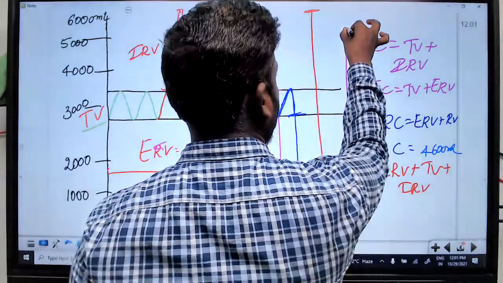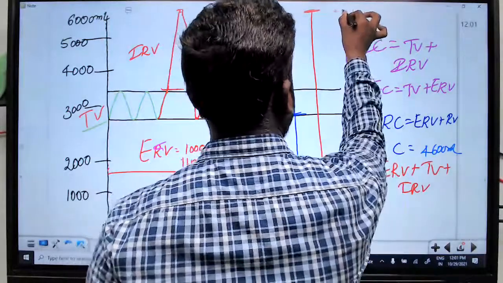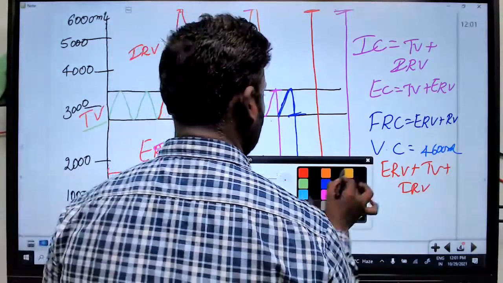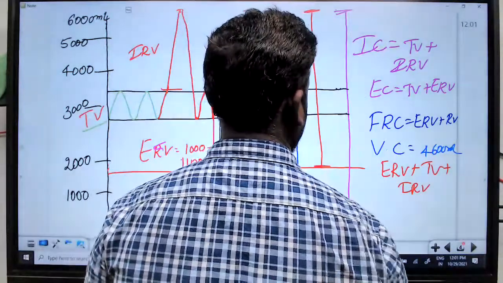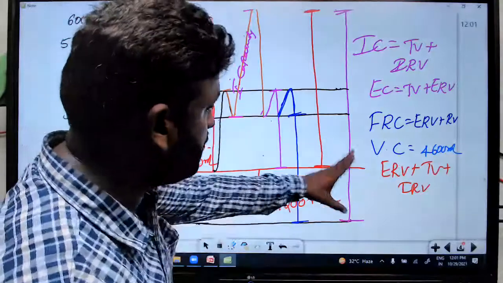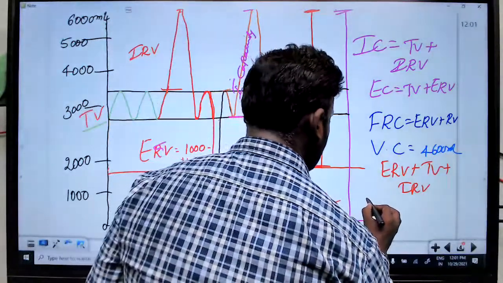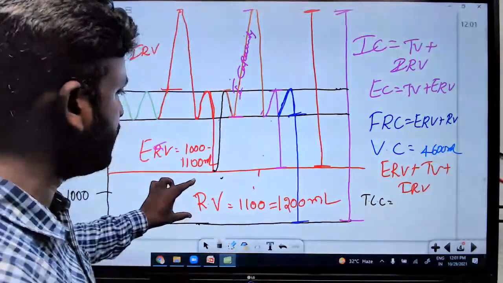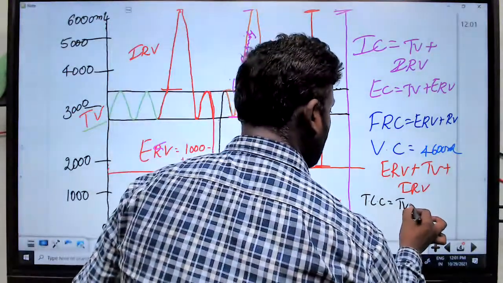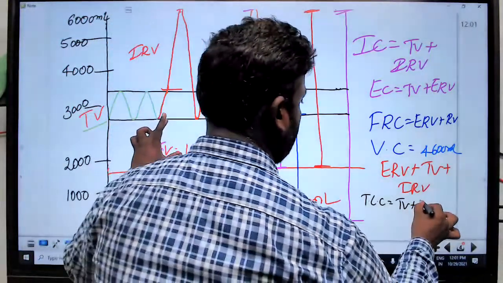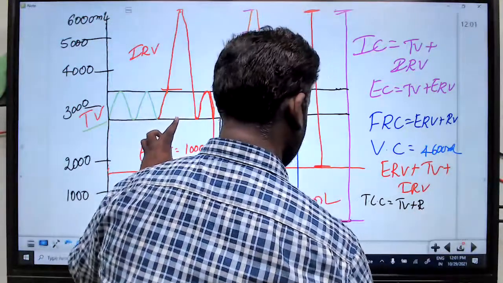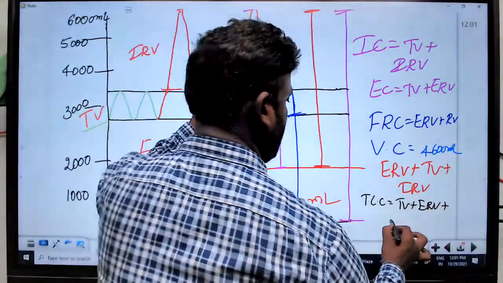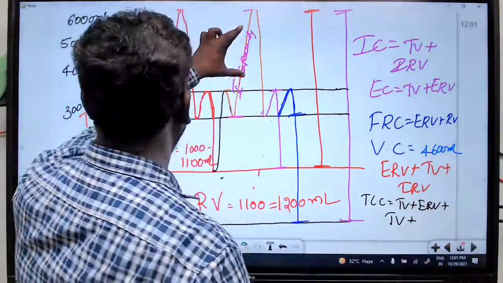Total lung capacity should be the total of our lung. Could you please tell me what factors are included in that? So TLC, total lung capacity, equals RV plus ERV plus TV plus IRV.